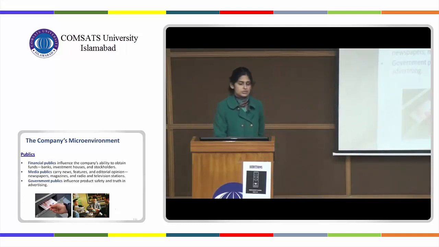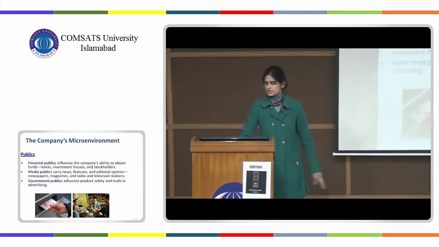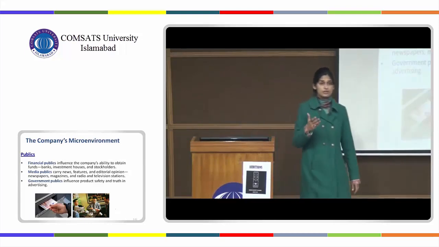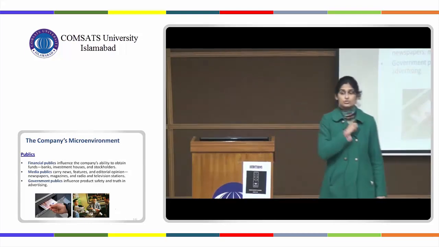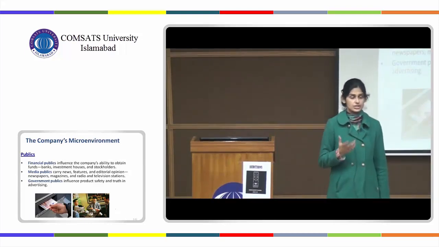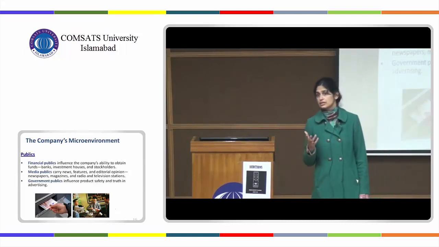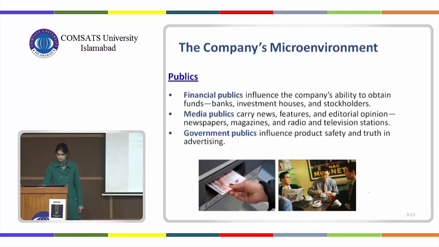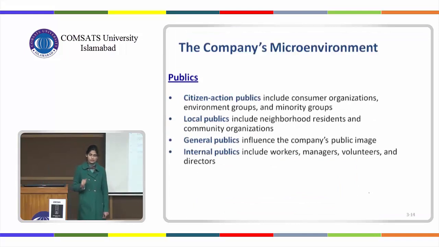Media publics include magazines, newspapers. Government publics include all those who make the rules and regulations, and you need to abide by the legislation that is done by the government. So you need to abide by the rules and regulations of any land that you're working in. Then citizen action publics include the various groups that are formed to protect their interests.